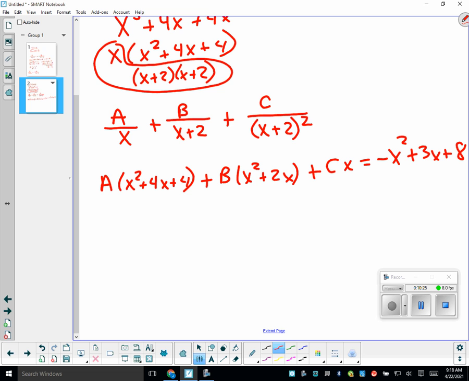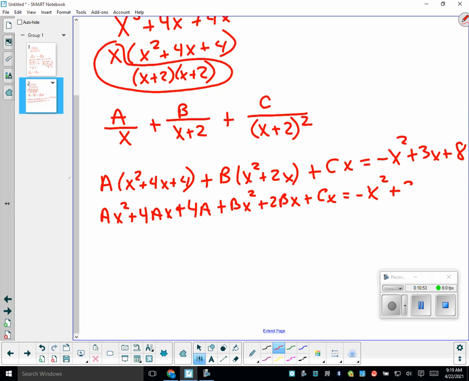Okay, guys, first of all I've got to simplify this. So I have ax squared plus 4ax plus 4a plus bx squared plus 2bx plus cx equals negative x squared plus 3x plus 8.